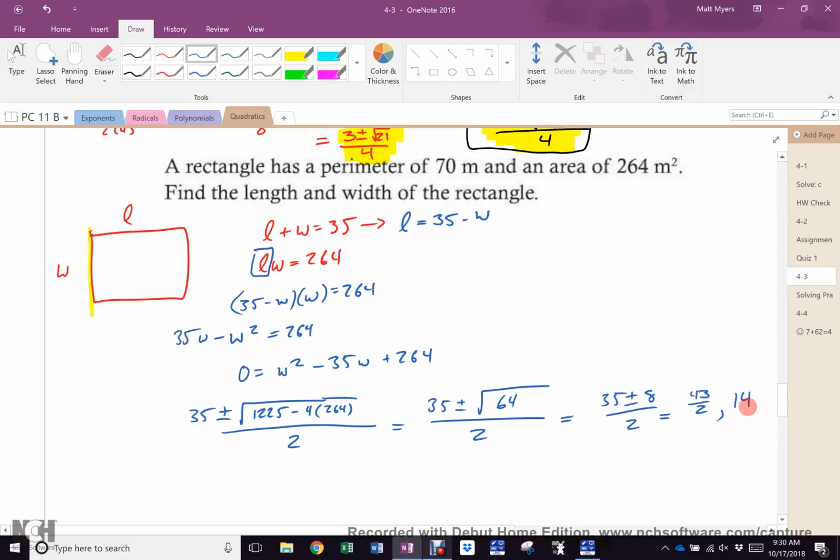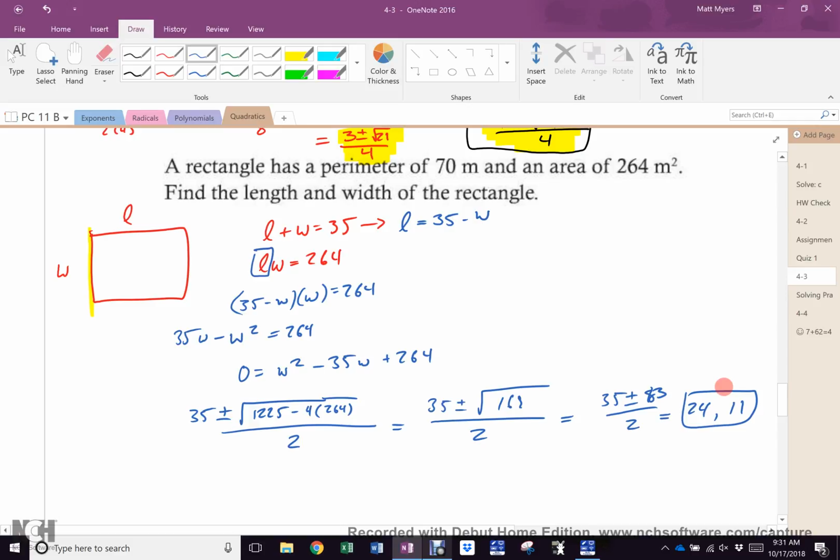What does that give me? L or W? Now, let's check and make sure all that is right. Does that work?